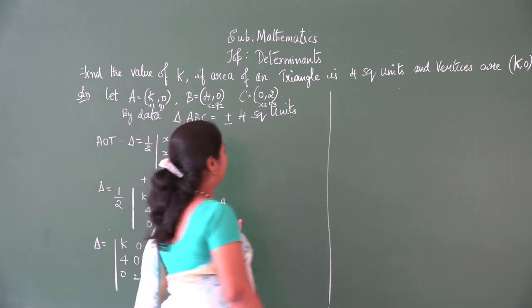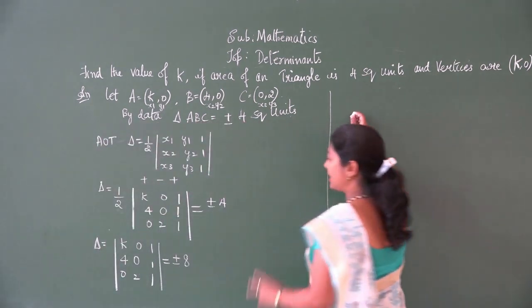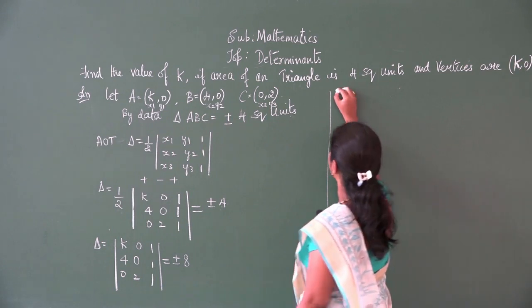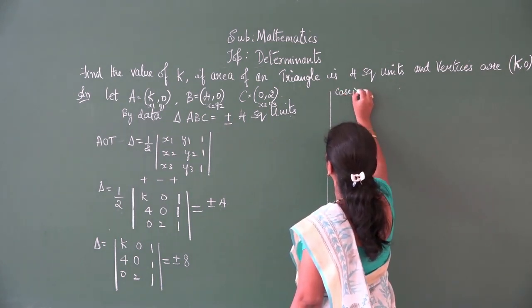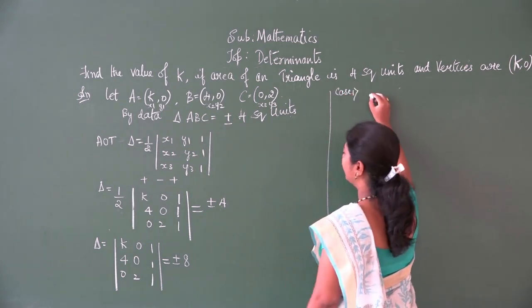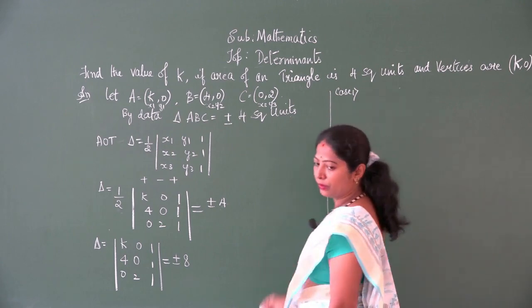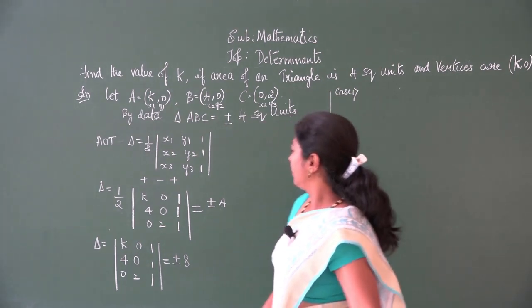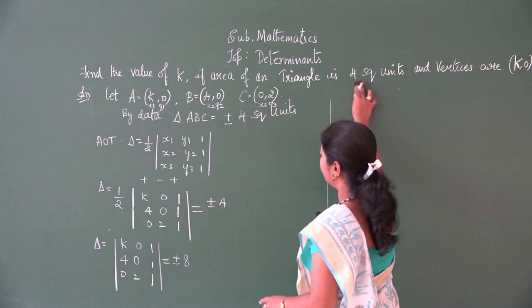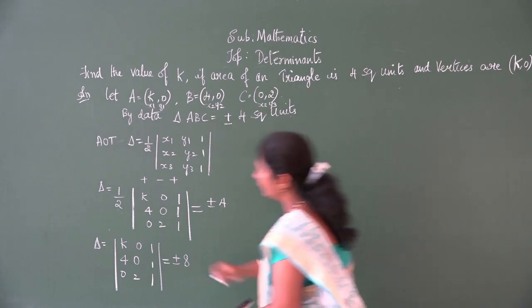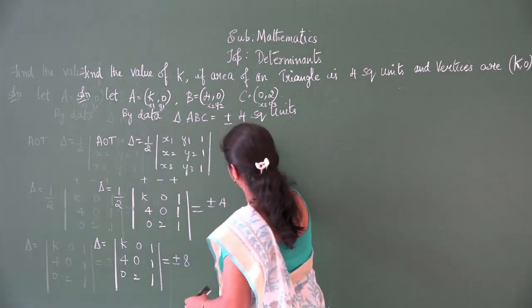Now, expanding the determinant, case 1 and case 2, both the cases we shall solve. Case 1, by expanding the determinant, what is delta equal to? Determinant of k 0 1, 4 0 1 and 0 2 1.